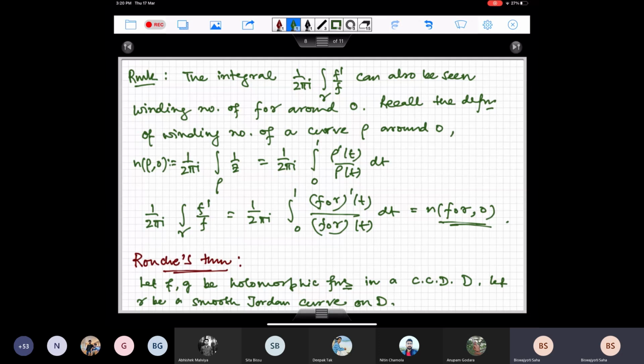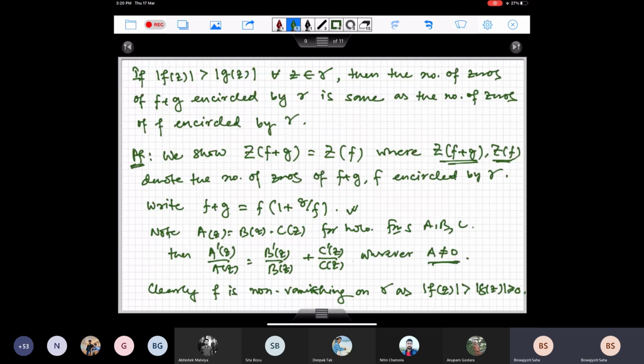Once you get these kinds of comparing inequalities, you will be able to use Rouché's theorem to talk about the number of zeros of a certain function from your knowledge about the zeros of some known function.